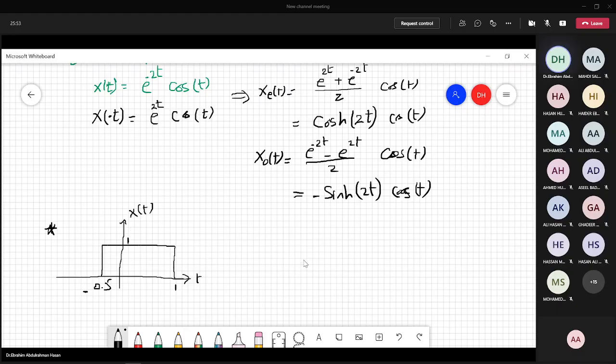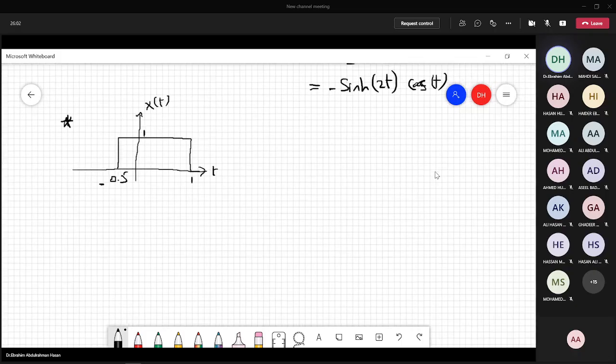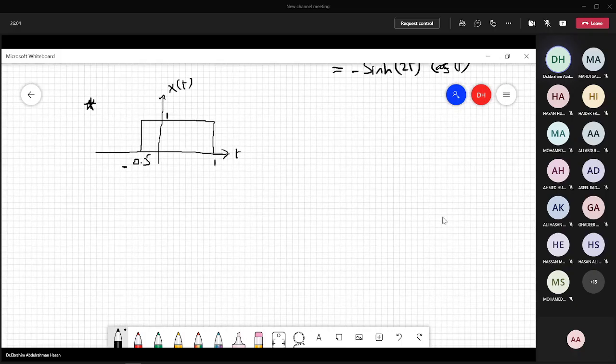I want to decompose this one into even and odd. So as we said, to find even and odd, first we need to find x of minus t.